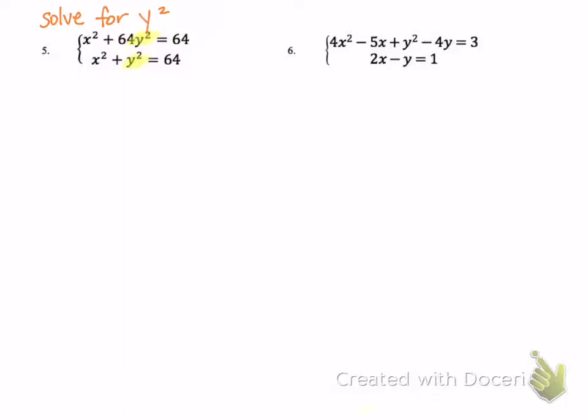So in the top, if I want to solve for y squared, I get 64y squared equals negative x squared plus 64. Then I divide by 64.